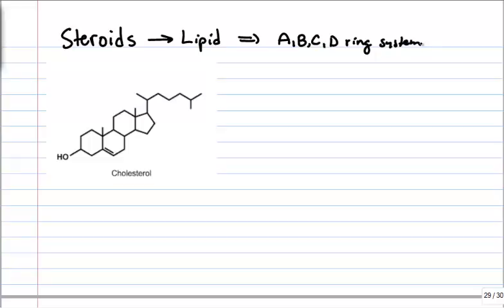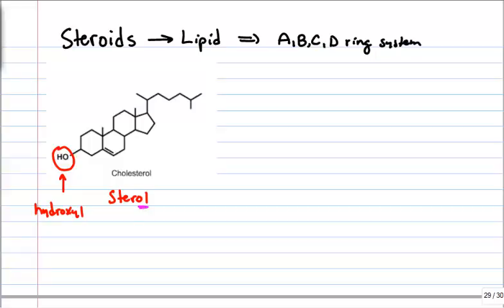Now, cholesterol is technically what we call a sterol. That is, if the steroid molecule has our old friend the hydroxyl group, we're going to call it a sterol. And again, we know that the "ol" is reminiscent of a hydroxyl group.